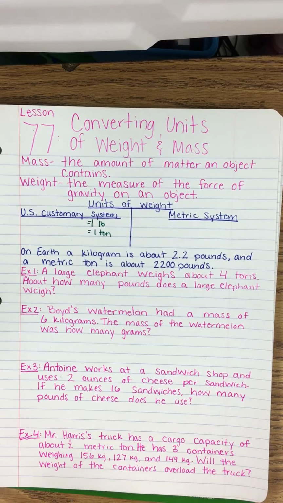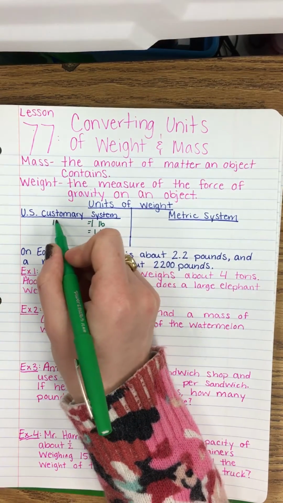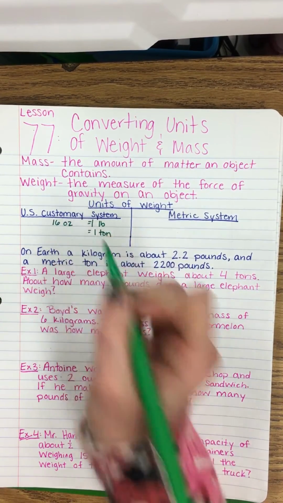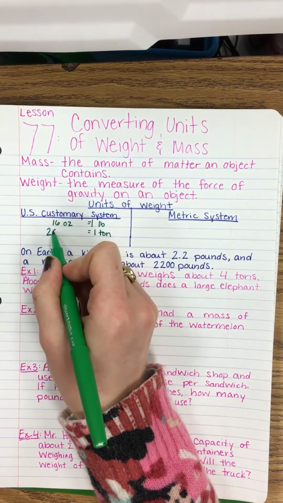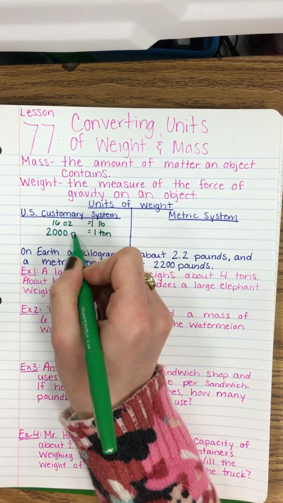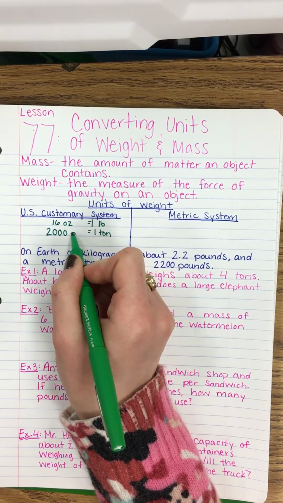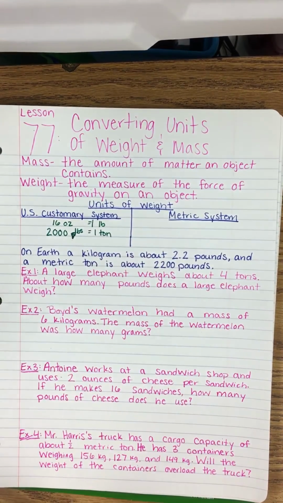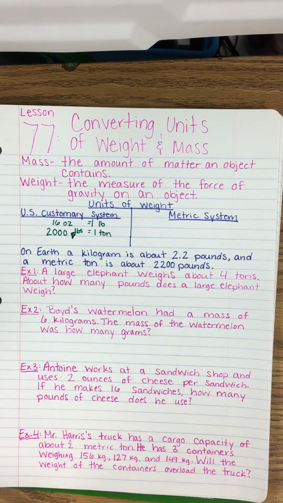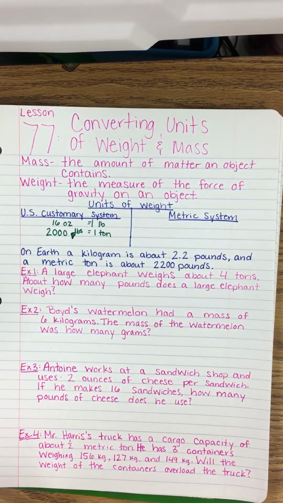The abbreviation is just take out the O, but we can just write TON. So 16 ounces equals 1 pound, and 2,000 pounds, LBS for more than one, 2,000 pounds equal 1 ton.